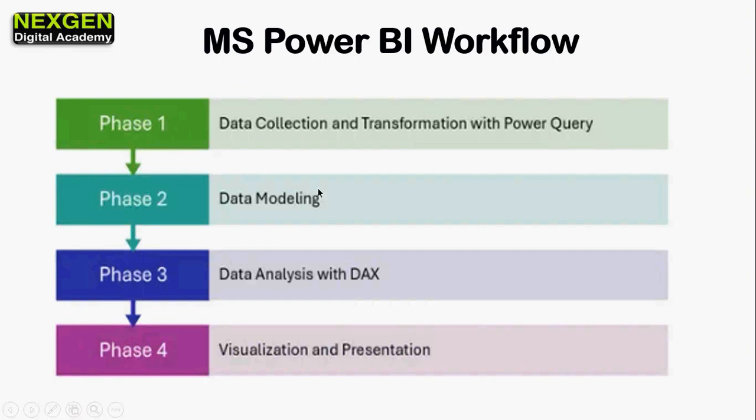At this point, we already have data that has been organized and has a structure to be analyzed. So in this data modeling, what we are simply doing is defining relationships between data.